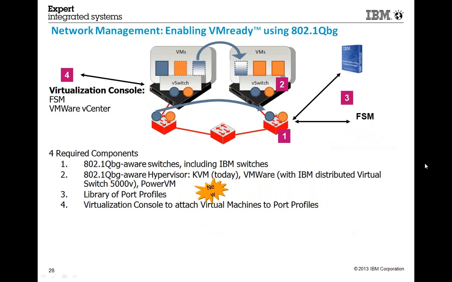In the beginning of the slide deck, I talked to you about open standards-based virtualization. So 802.1 QBG is an IEEE protocol that has enabled these physical switches to see the VM IP address. Now, the key part here is this protocol is not limited to IBM, but is being adopted by Juniper, by almost all the other vendors out there, HP, Dell, BLADE, Extreme, QLogic, Emulex, you name them.